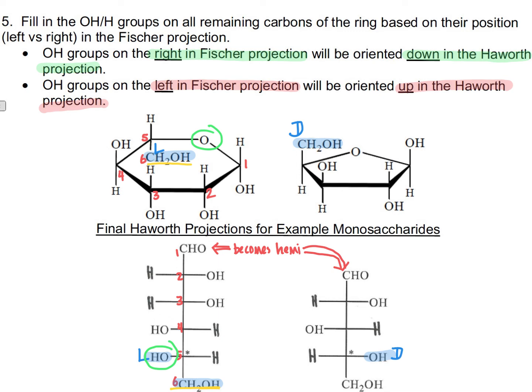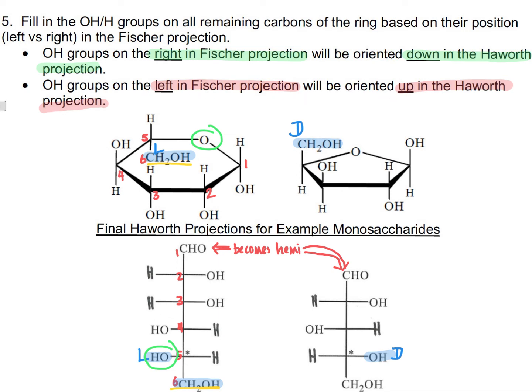So how we go about orienting the OH groups is, now that we've systematically numbered our chain and numbered our ring to match, what we keep in mind is that OH groups that were on the right in the Fischer projection will be down in the Haworth projection. OH groups on the left in the Fischer projection will be up in the Haworth projection.